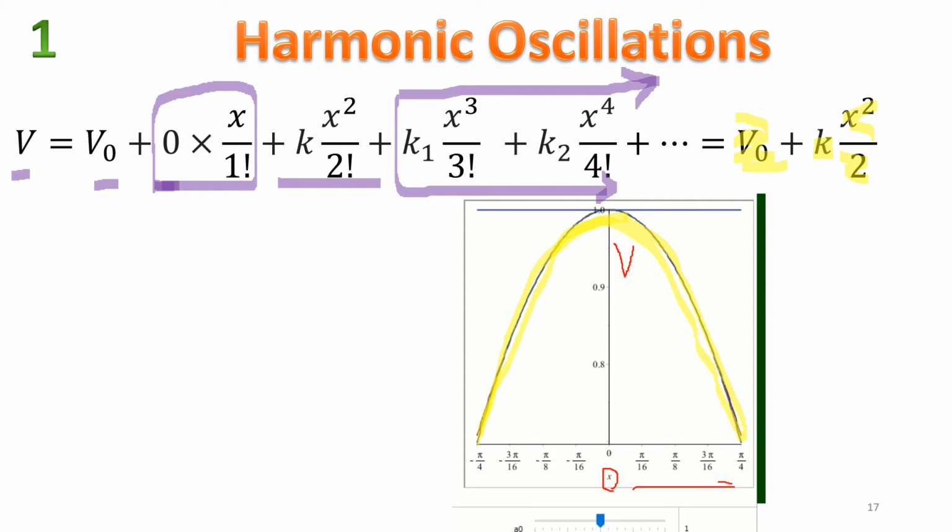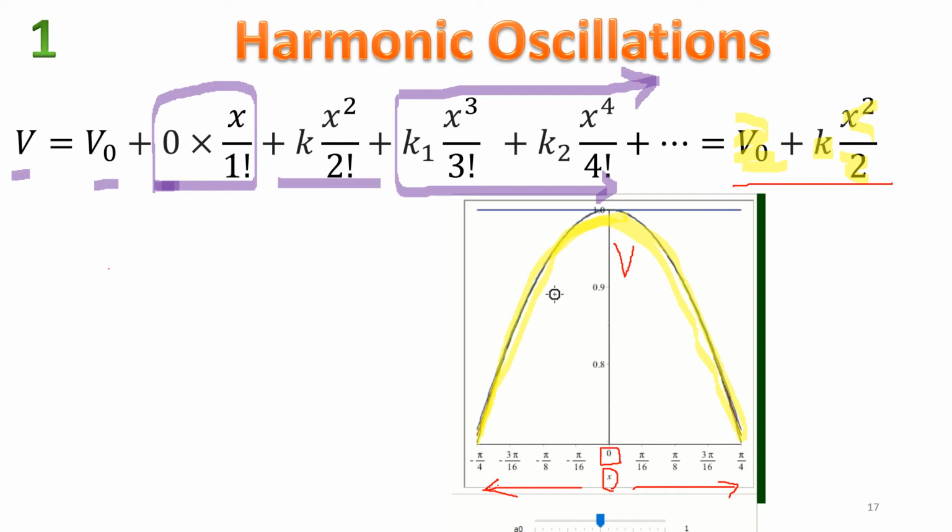And if we select the proper value, a2 will further adjust itself, and this extreme goes to the right position this way. In this situation, V is equal to V0 plus k into x square by 2.